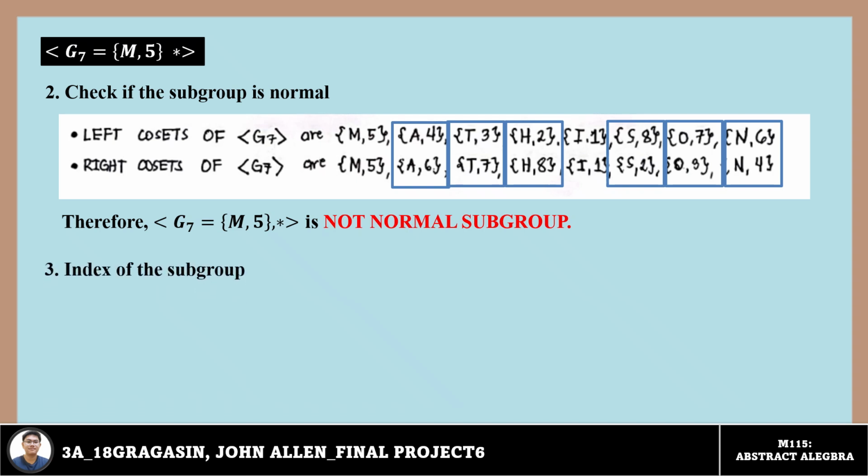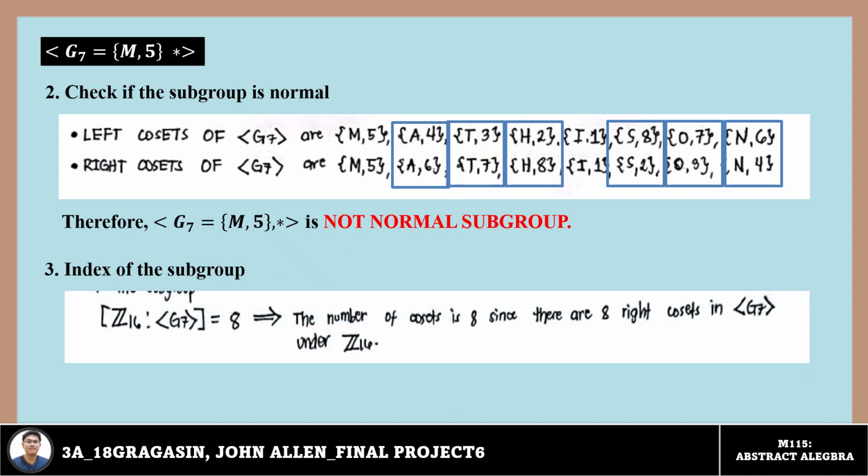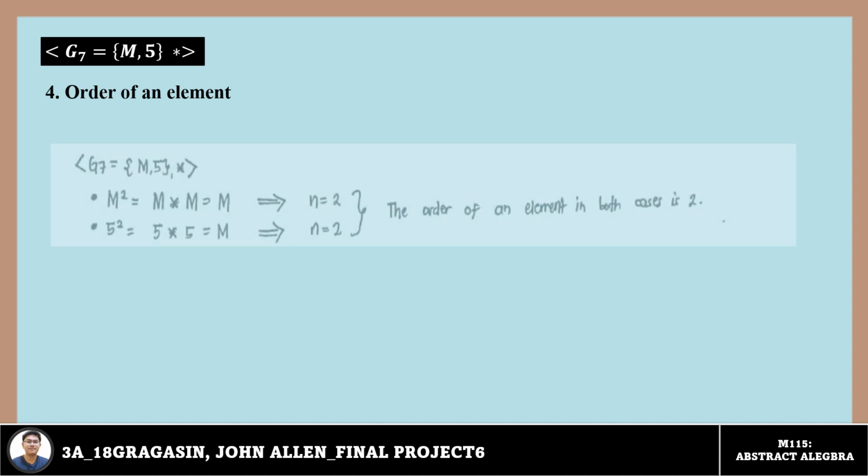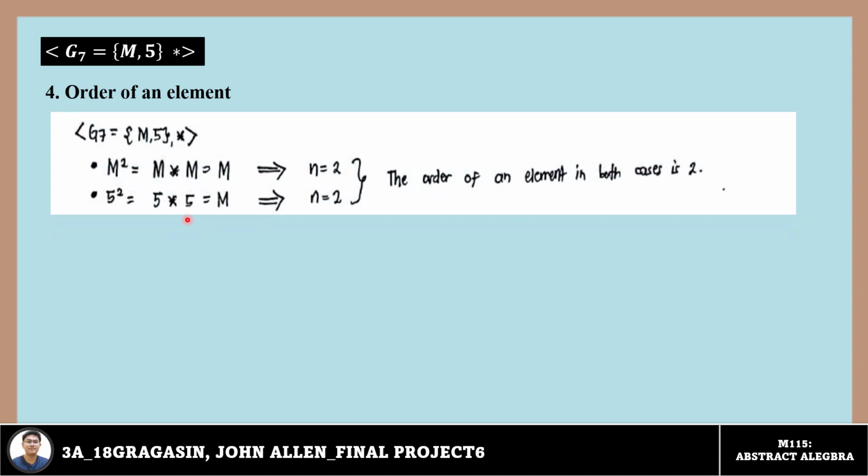And then for the index of the subgroup again, we will just count the number of right cosets. So we have here 1, 2, 3, 4, 5, 6, 7, and 8. Therefore, the index of our subgroup is 8. And then for the order of an element, again, let's just operate each element in G sub 7 until we get the identity element.